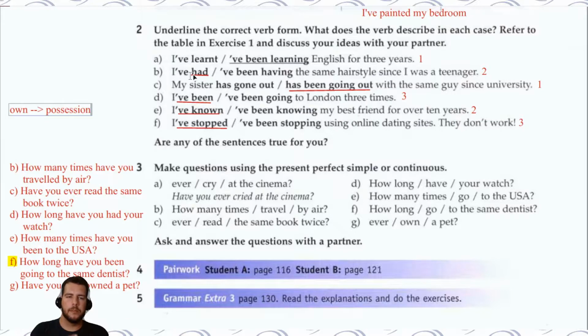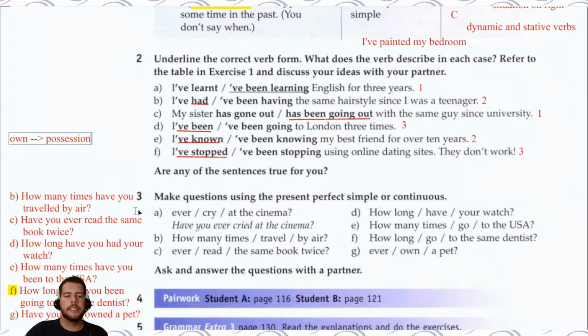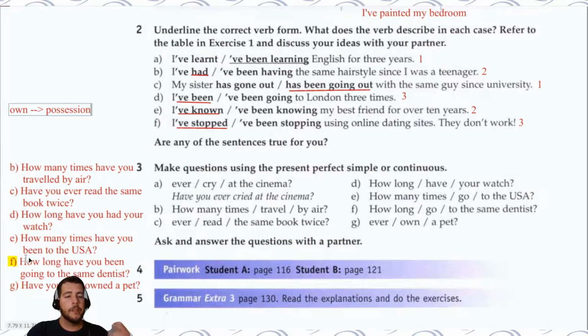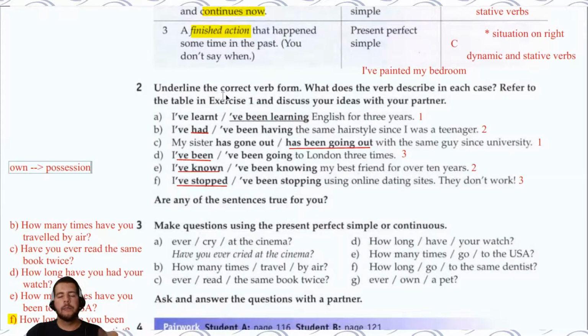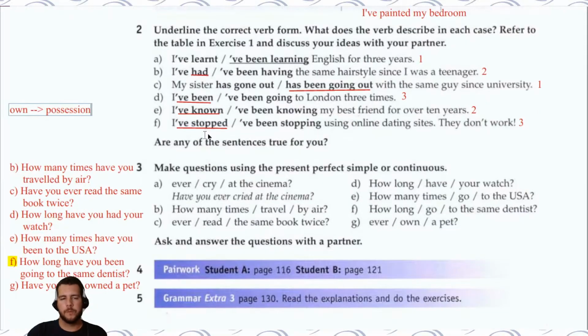Yeah, so verbs of possession are commonly stative. So this would be a state. Letter G would be a state, and letter B would be a finished action. Okay? But only letter F is a continued and repeated action that started in the past and might still be happening now. Okay?